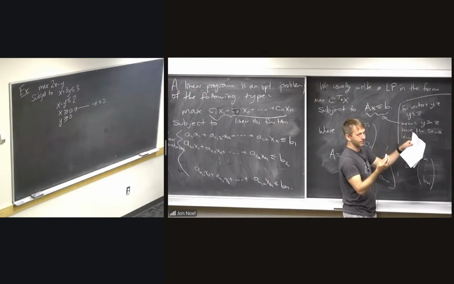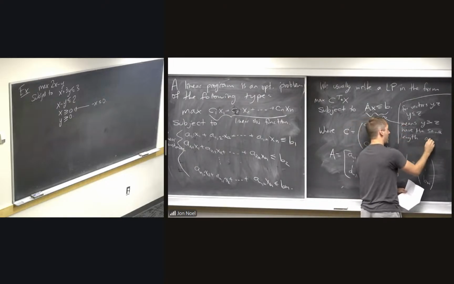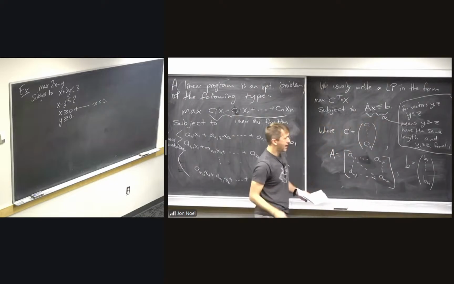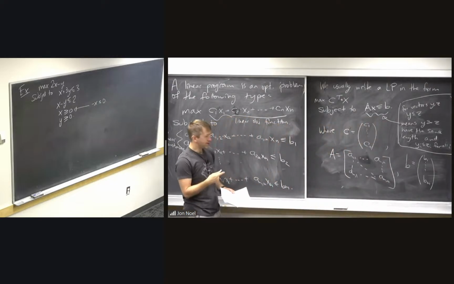It doesn't make any sense. And yi is at most zi for all i. So the ith coordinate of y is at most the ith coordinate of z.